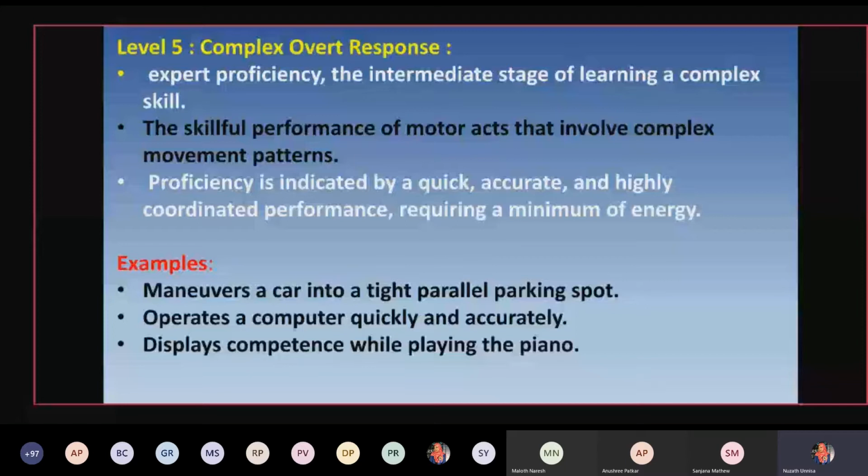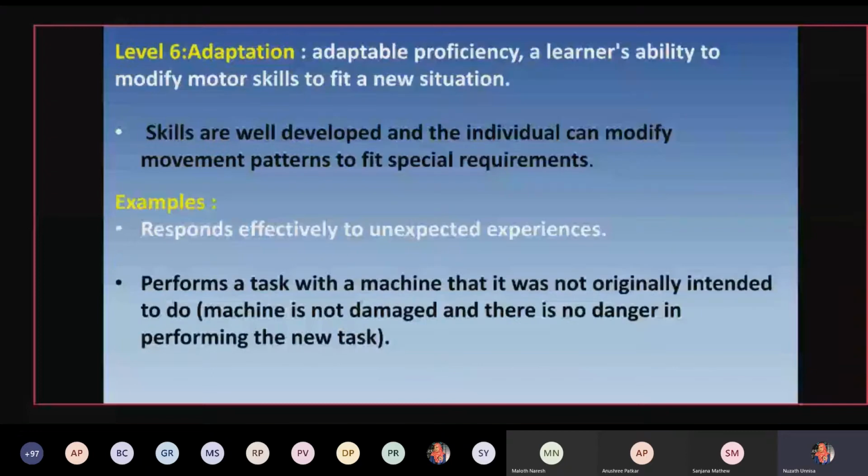So at this level, our learner has expert proficiency, and along with that, he or she is able to modify things based on the skill set he or she has to fit a new situation.